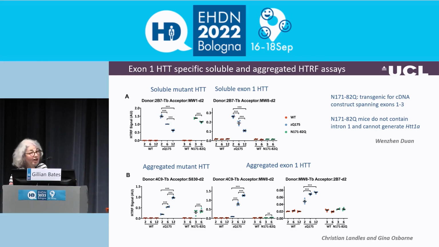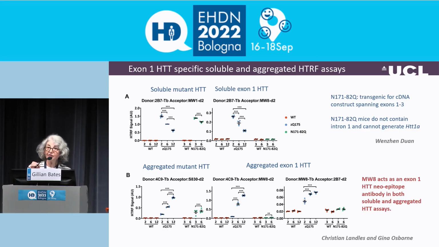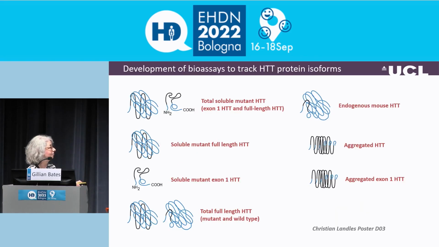But when we use aggregation assays that use MW8, like 4C9 to MW8 or MW8 to 2B7, again we see aggregation increasing in the knock-in mice, but there's no signal in the transgenic mice. So it's also showing that it tracks with exon 1. It's showing you that it's exon 1 aggregation in these knock-in mice.